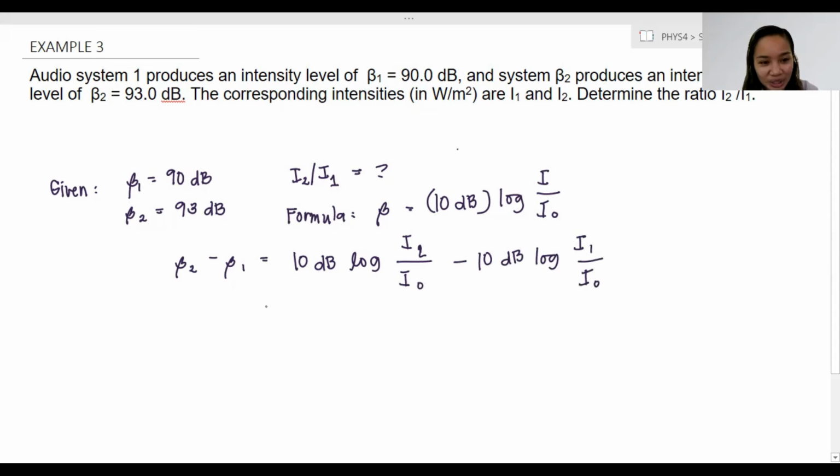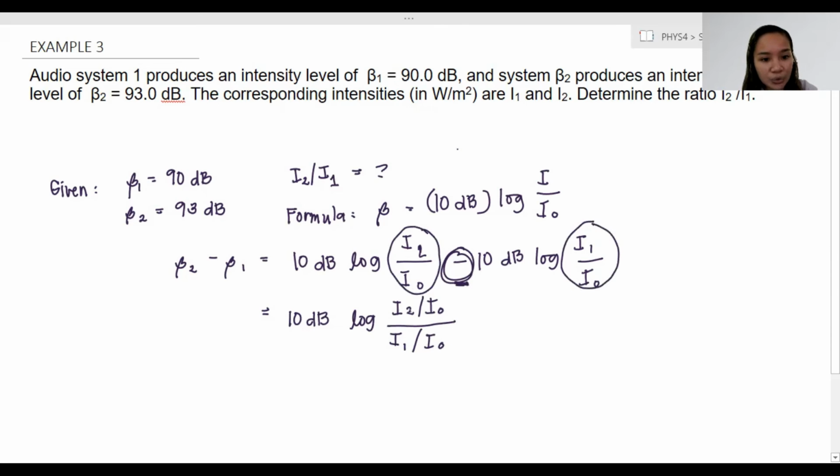So applying your knowledge in mathematics, if we subtract the two, we are actually going to have this type of equation. So this will become I2 over I0 divided by I1 over I0. This subtraction, when we are talking about logarithmic equations, is equivalent to the division of this variable by this variable.